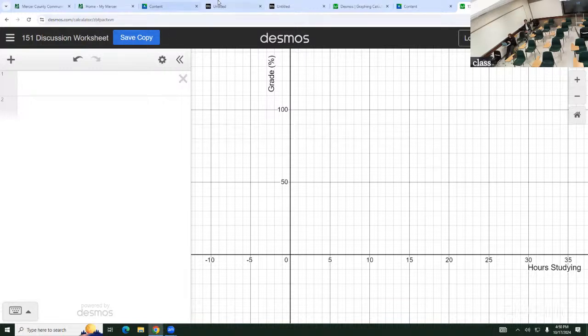Let's check the linear approximation formula. I believe it's in your notes, just like this. That is a line from a function.